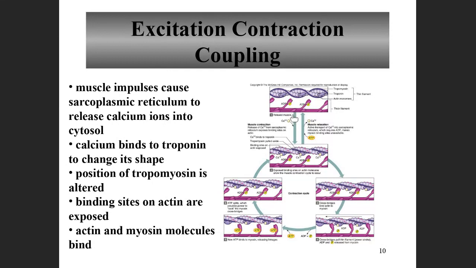But suffice to say that in the presence of calcium, calcium binds to troponin, which you can see here, and pulls tropomyosin out of the way. So now you see the little red dot here, right? Then myosin can bind to that attachment. And what you're going to see is a power stroke. So this is known as a power stroke.